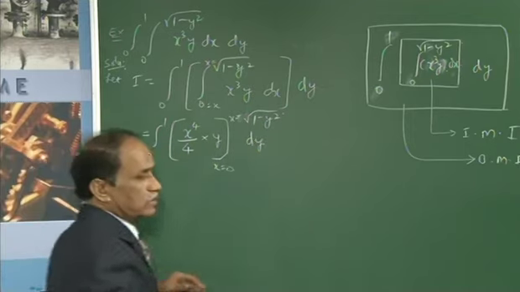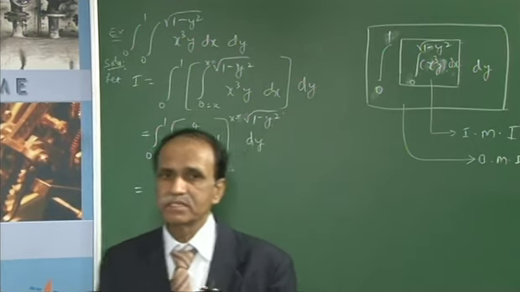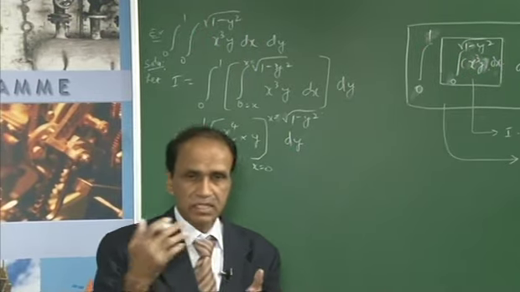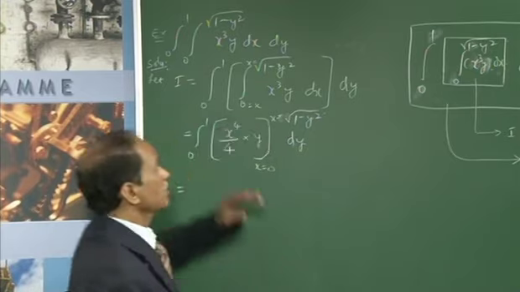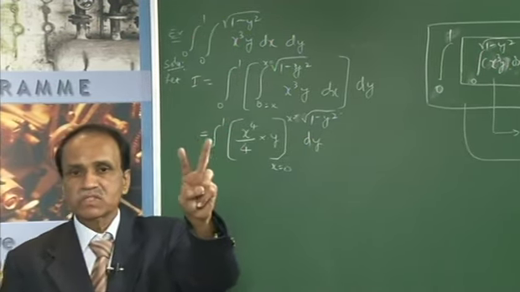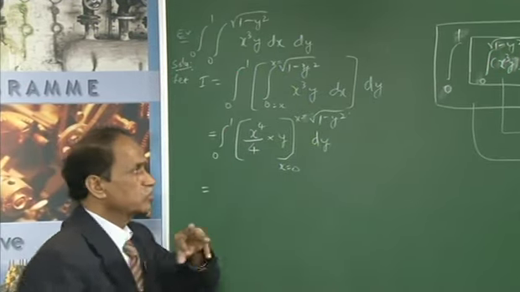Therefore, what do you understand through this? Through this, you are going to eliminate one symbol and retain another symbol for the single integration. You had from the given problem two symbols, one for the innermost integral and the other for the outermost integral.